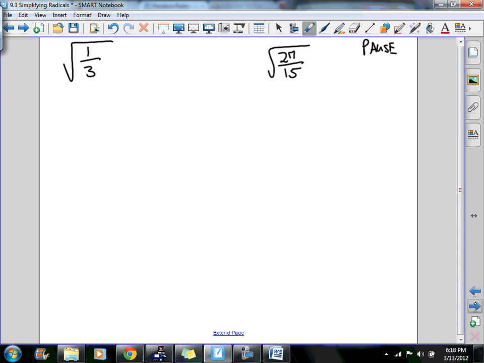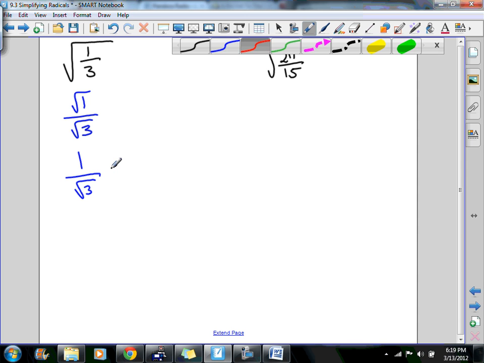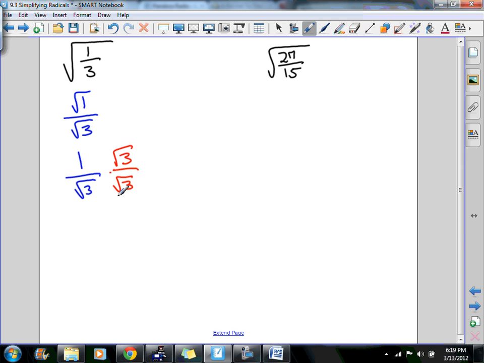Okay, so last slide, give these a try and see how you do. Alrighty, so let's see how we got here. This one, we end up getting the square root of 1, which is 1, over the square root of 3. I then rationalize the denominator by multiplying by the square root of 3 over the square root of 3. So I end up getting the square root of 3 over 3. And I'm done.